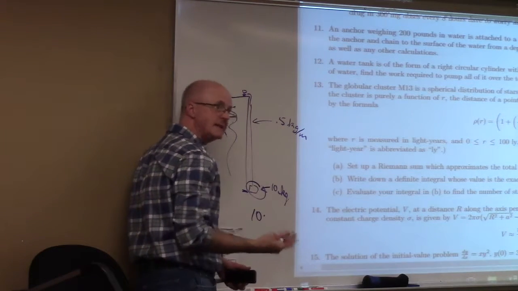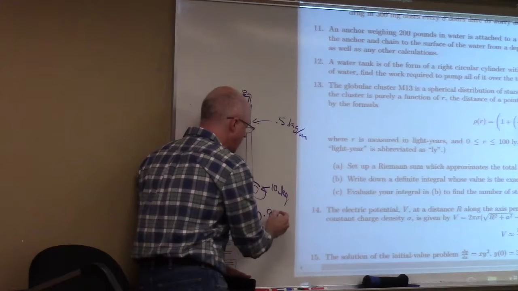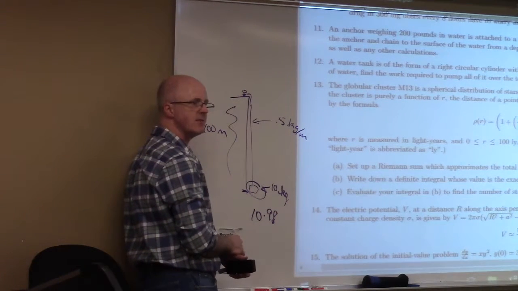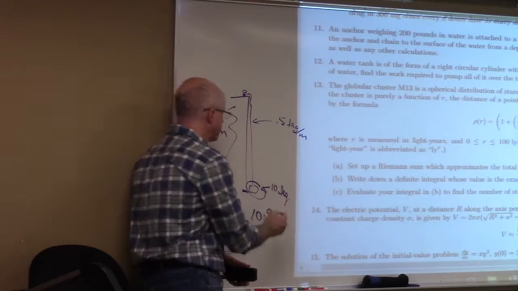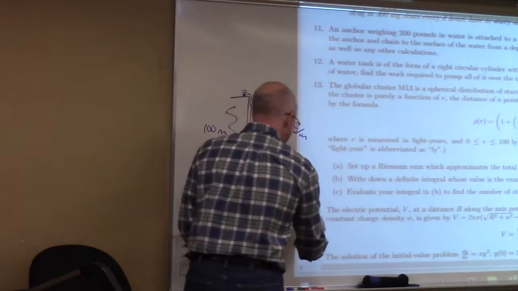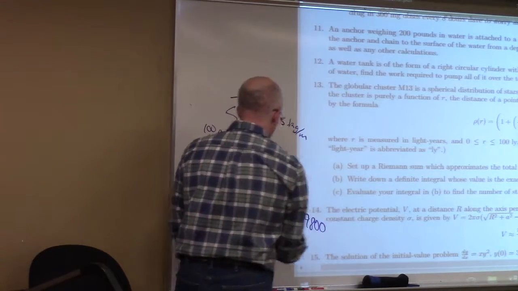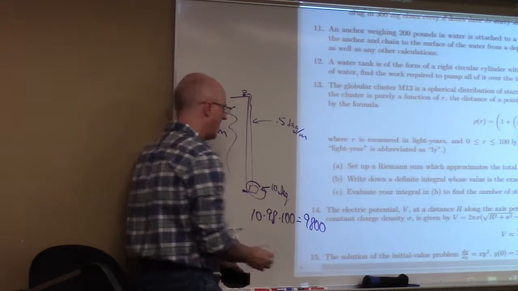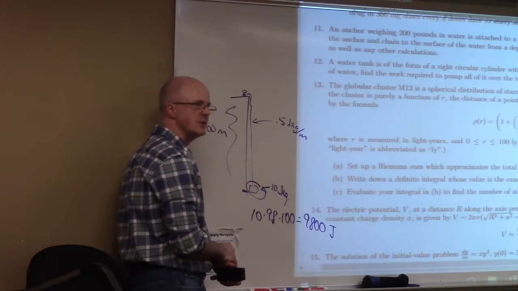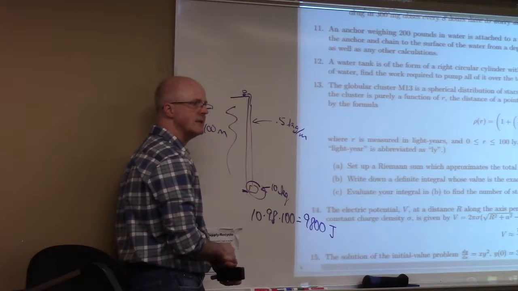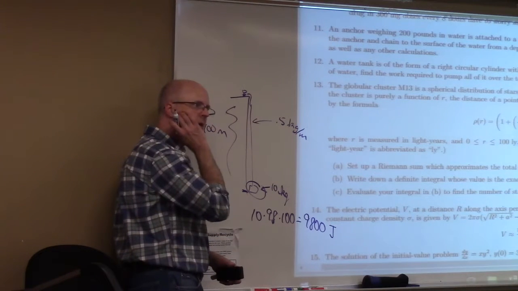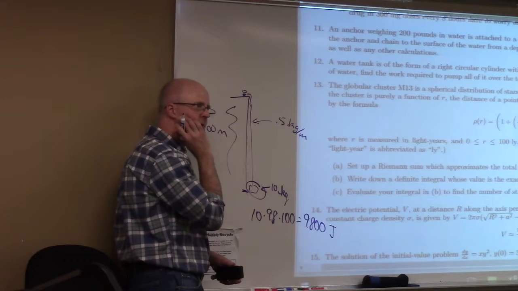The force, meaning its weight, would be 10 times 9.8, because you've got to multiply by the acceleration due to gravity to get the force, times the distance of 100 meters. That product, which would be 9,800, is the work done on the mass at the bottom. That would be in joules. Work has the same units as energy, joules, in standard units. If you're using English units, units for work are foot-pounds, but in standard units it's joules.